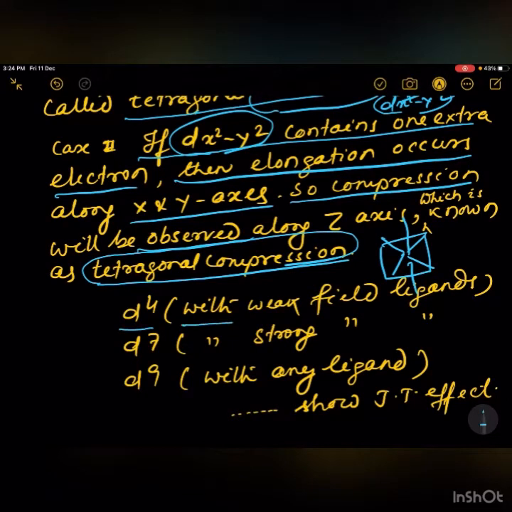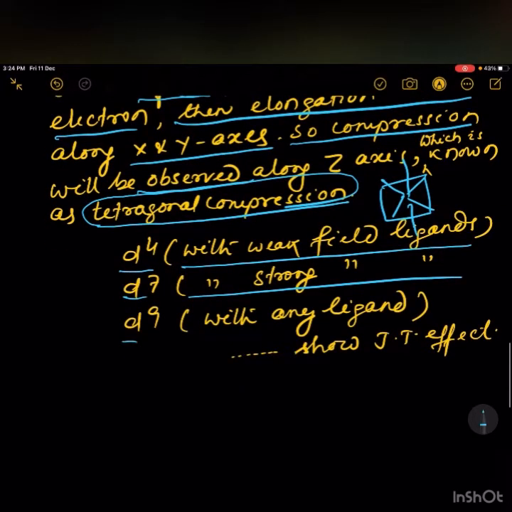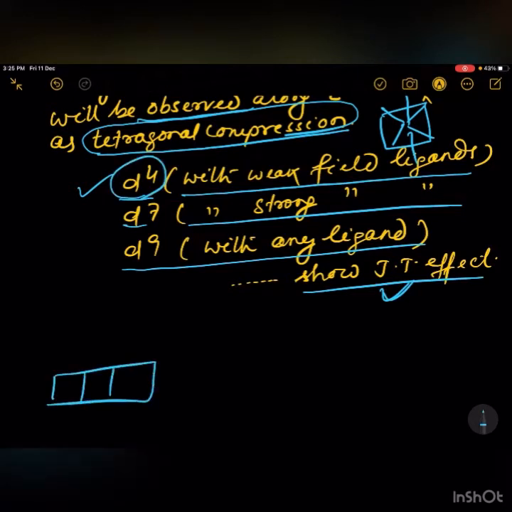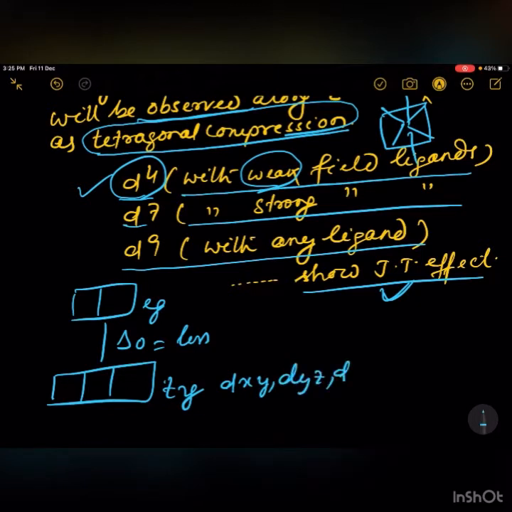D4 with weak field ligands, D7 with strong field ligands, D9 with any ligand show the Jahn-Teller effect. Let us see the Jahn-Teller effect in D4. This is T2G and this is EG. Between T2G and EG, the difference in energy is del O, and this is a weak field ligand, meaning del O is less. T2G contains dxy, dyz and dzx.